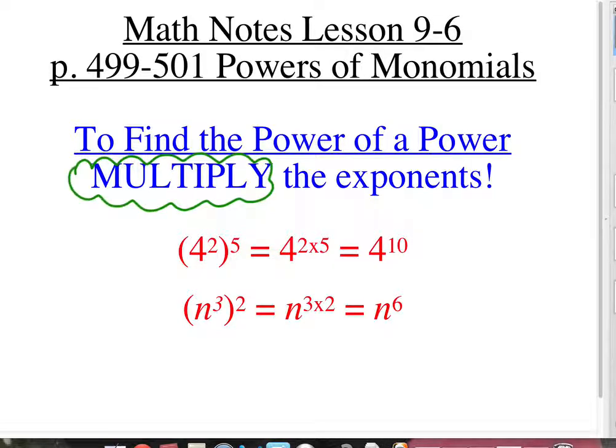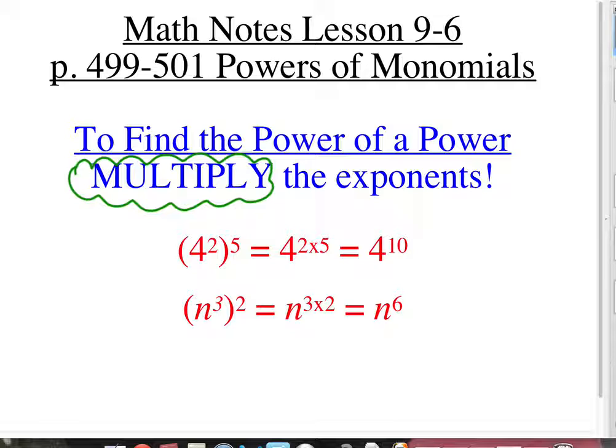So, powers of monomials again means an exponent that has an exponent on it. To find the power of a power, the trick is to multiply the exponents together.